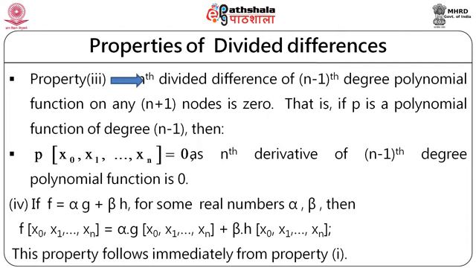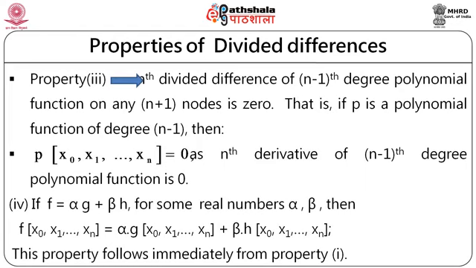That is, if p is a polynomial function of degree n minus 1, then the nth divided difference of p, that is p x 0 x 1 x 2 ... x n, will be equal to 0, and this is because the nth derivative of an n minus 1th degree polynomial function is 0.